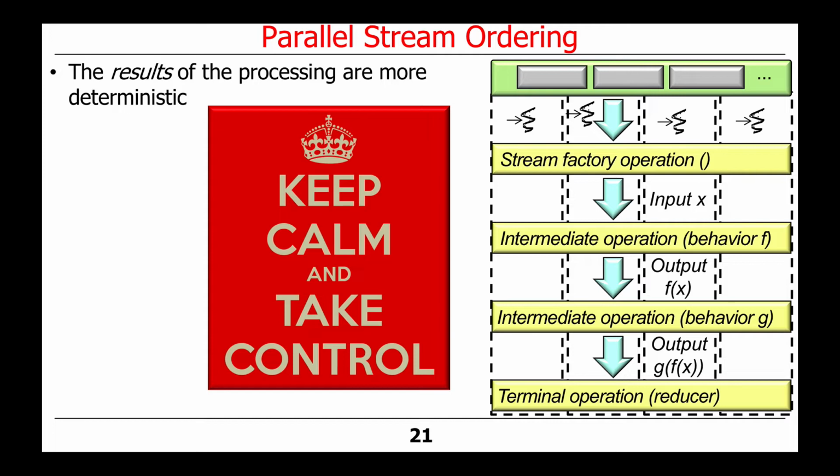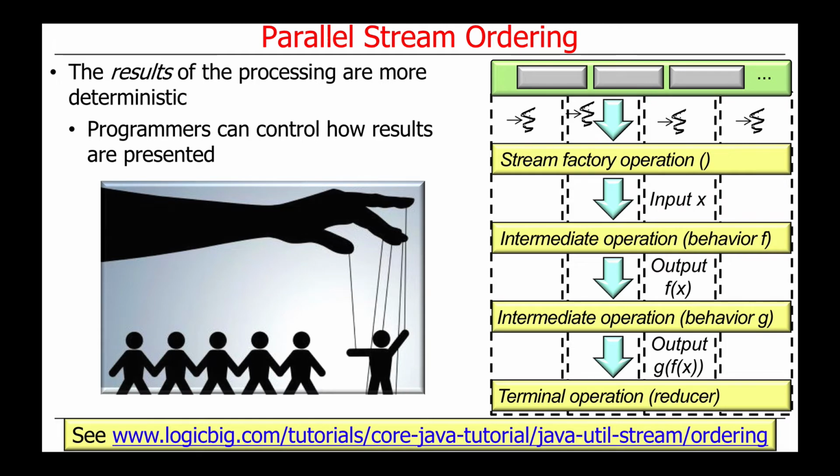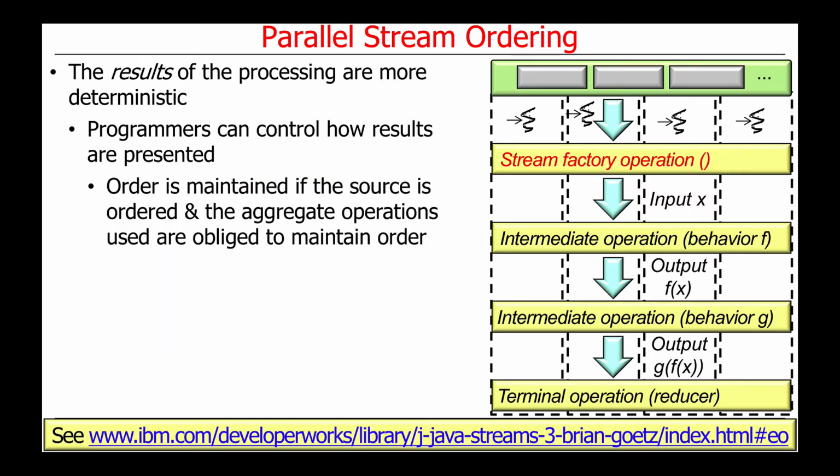Interestingly enough, even though the ordering of the processing is non-deterministic, you do in fact have some control over the results in which the processing is given back to you. And that may seem a little bit odd. It's like things can run in any order, but you do in fact have the ability to control how the results are presented to you. And as it turns out, you can actually control that quite a bit. And so we'll be talking about how you could control that. The order, what's called encounter order, the order is maintained.